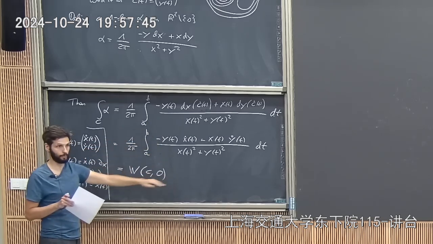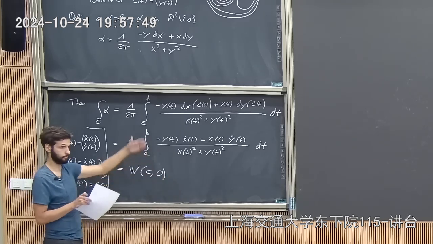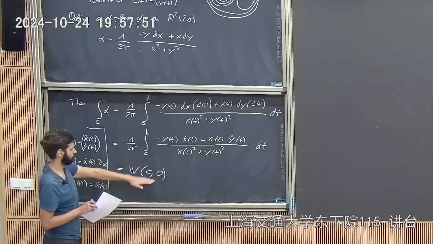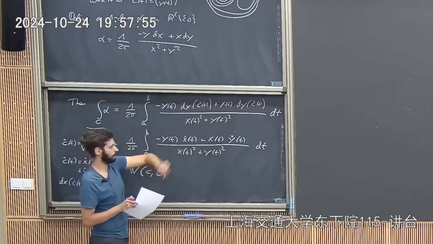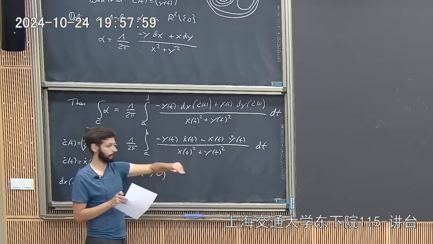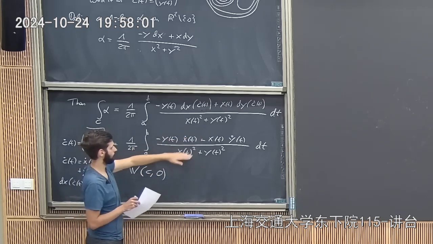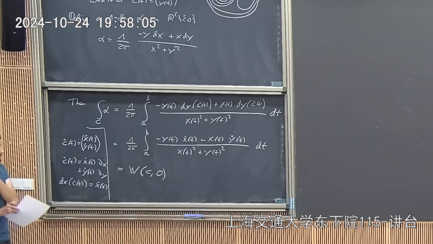But the winding number is always something discrete, like only 1, 2, or 3, or 0. You might think if I change x slightly, then this integral might change slightly also. But all contributions cancel out, and you get the same number again.